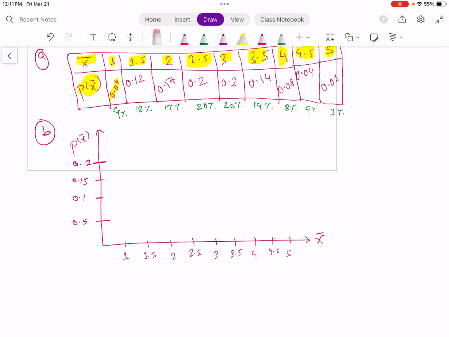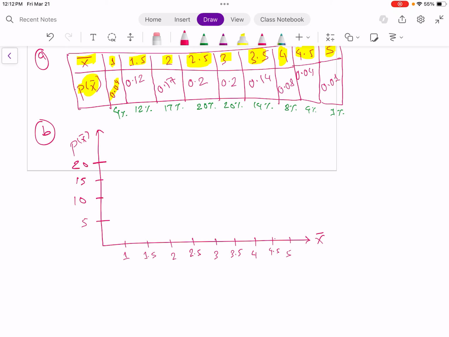Now let's call this 5, 10, 15, 20. So the minimum is 1% and the maximum we have is 20, so I think it should be enough.